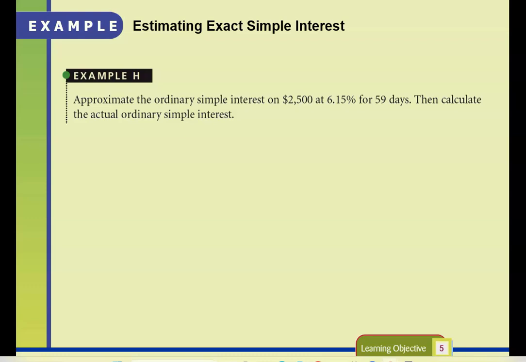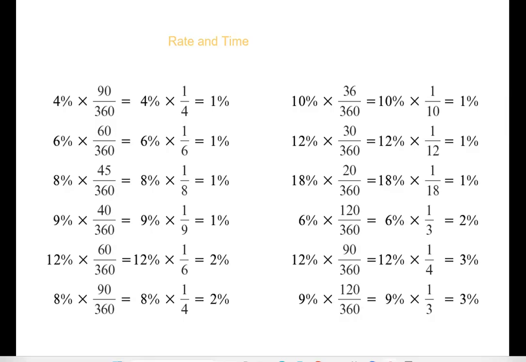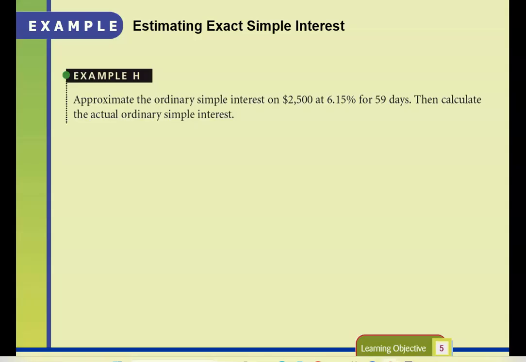Then we're going to calculate the actual ordinary simple interest. Table 13-1 is a table in this week's chapter. Here we're going to use an estimation based on what we're given in the questions.